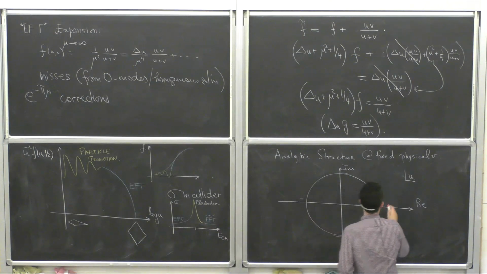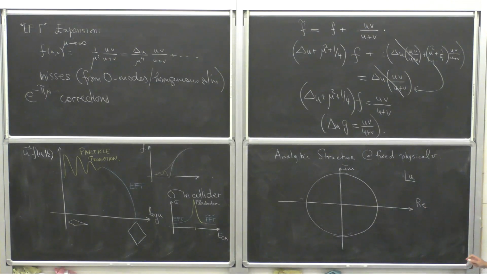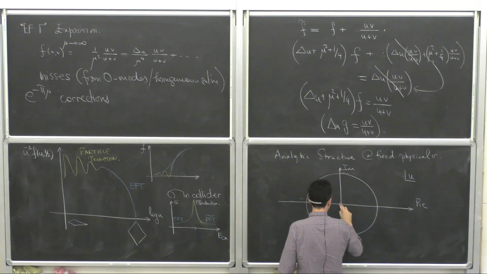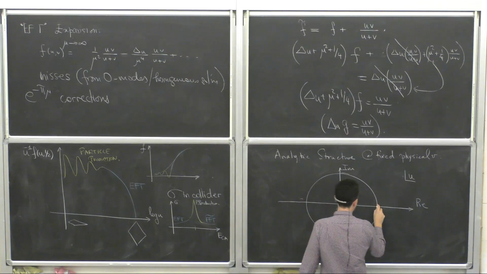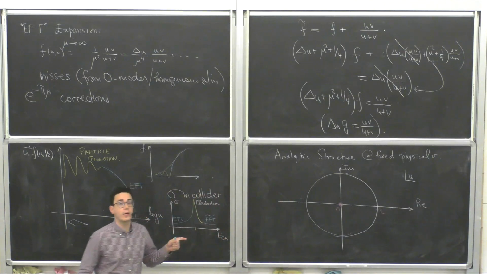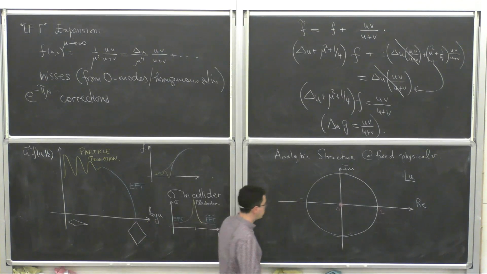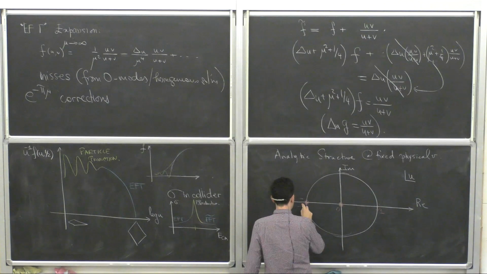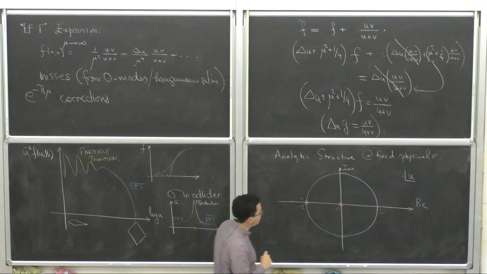Remember that the differential operator had three singular points: 0, 1, and minus 1. But at 1, we demand that there is no singularity there. So the solution is to move. At minus 1, there is factorization.